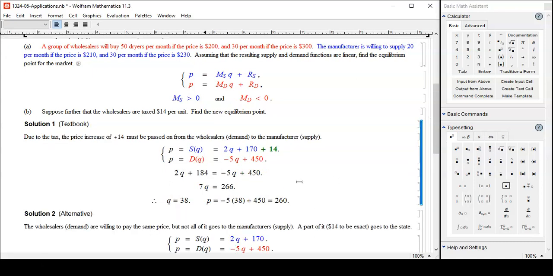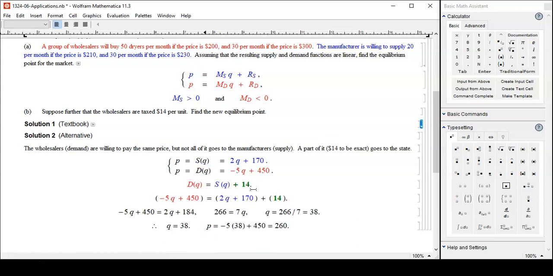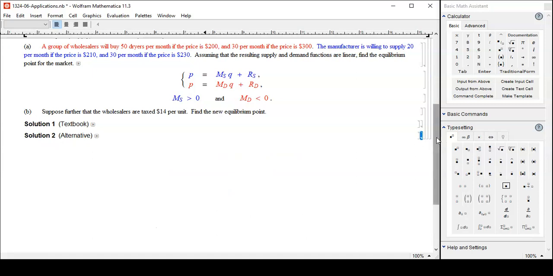So, do you want to change the model, or do you want to keep the model and then change the equation? Depending upon what you want, you can choose whatever you want to do. Me, I prefer to do it in the second way, but our textbook author, of course, disagrees.